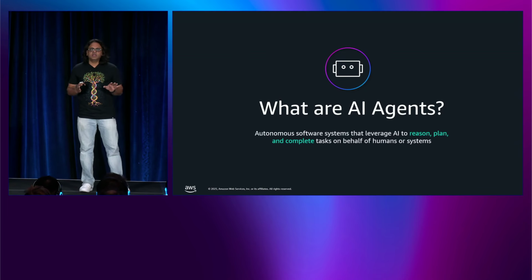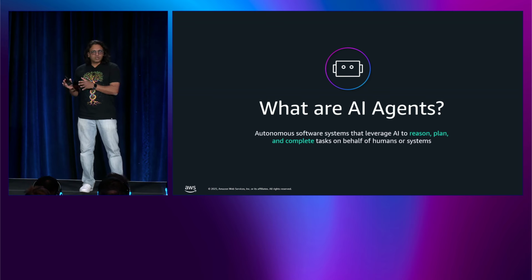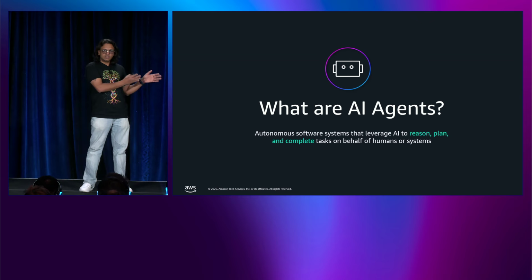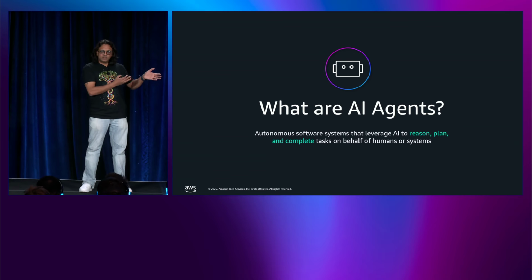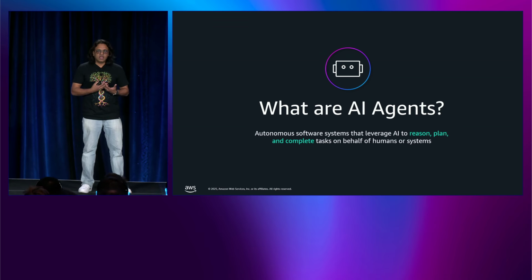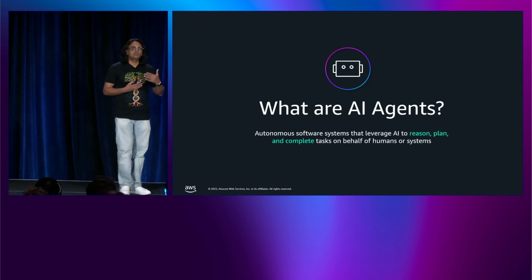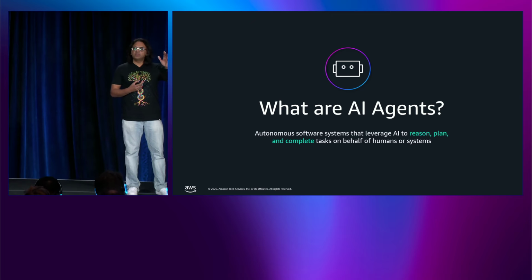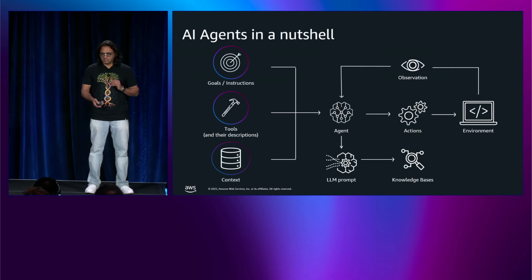At the end of it, an agent is just a piece of software capable of working with artificial intelligence systems, predominantly making use of large language models to understand the problem statement, create a corresponding plan to execute it, and even have the option to execute those steps on behalf of a human. That's where the main power of a large language model with respect to an agent resides.